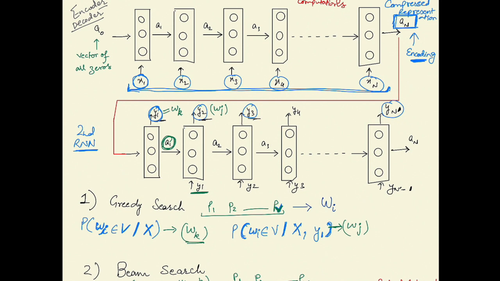Given all the previous outputs and the input words X, each time we predict the probability of each word in the vocabulary being the next word, and we simply pick that word. In practice this approach works, but it does not always produce the best solutions, the concise, neat and clean translations from one language to another.